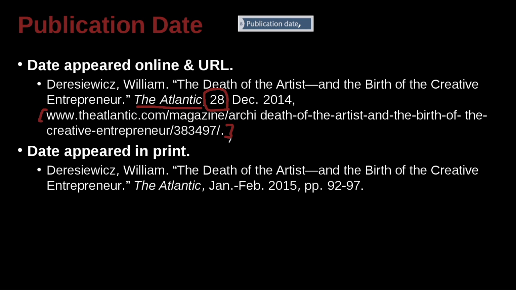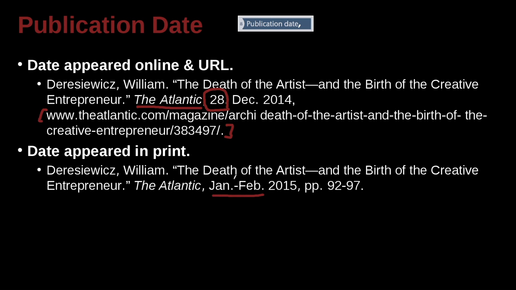That same article, if you bought it at the newsstand, or you bought it at the bookstore, or you got it at the library in print, would look almost exactly the same, except at the end we would have the January to February. What is this? Because that magazine, when they issue their magazine, they do it in this month-by-month way.